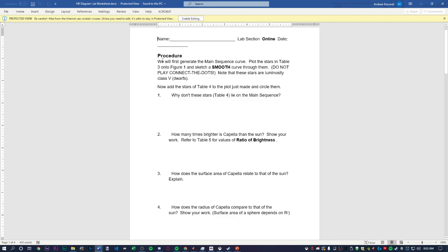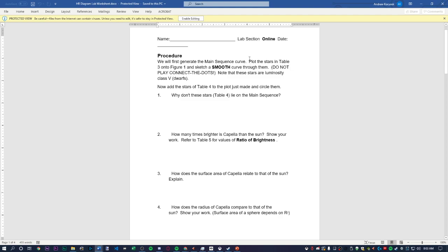It says we will generate a main sequence curve, and you're going to plot all the stars on table 3 into figure 1 and sketch a smooth curve through them. So basically just draw a smooth line. Don't necessarily connect the dots, but just draw a smooth curved line through them.